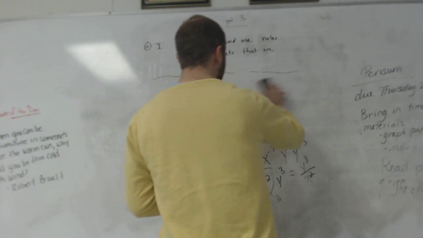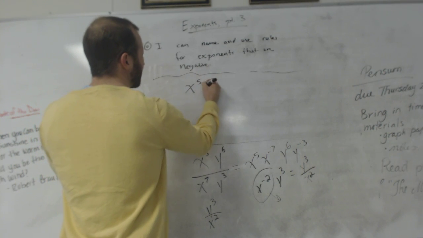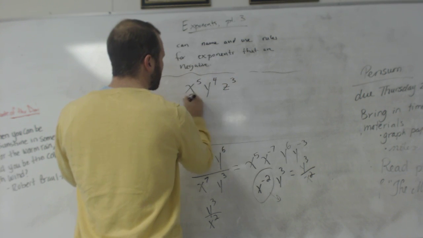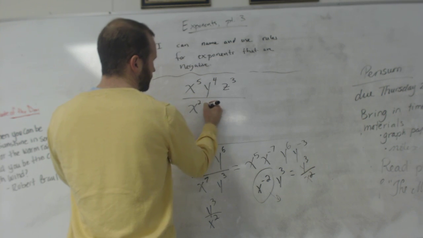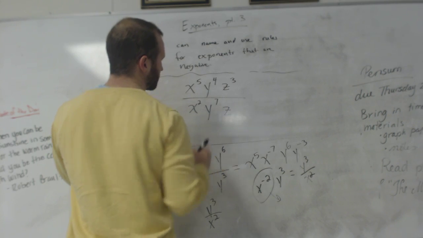Let's do a more complicated one. Hold on 1 second. X to the 5th, y to the 4th, z to the 3rd, over x squared, y to the 7th, z.